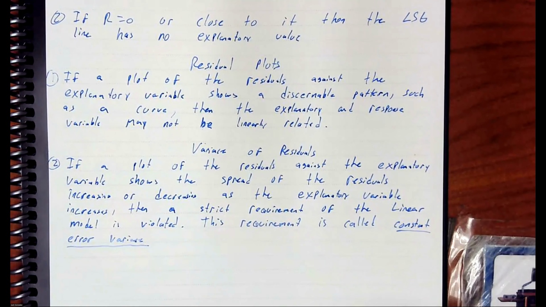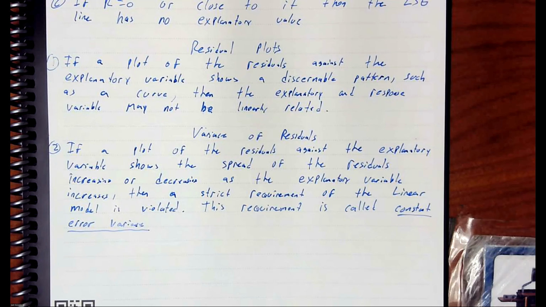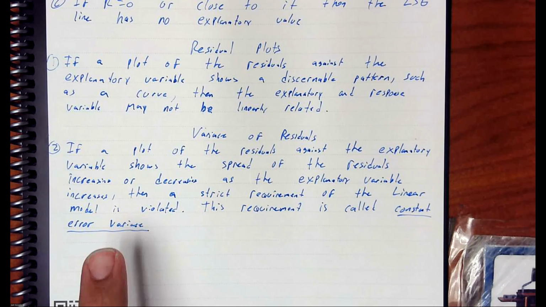Okay, so let's get a visual in just a moment. The homework is going to give you scatter plots, like I just showed you earlier. It's going to ask you, is this linear? Is it not linear? Is it a good R squared? And then they'll ask about constant error variance. If you see the pattern increasing or decreasing, then it's this type of error.